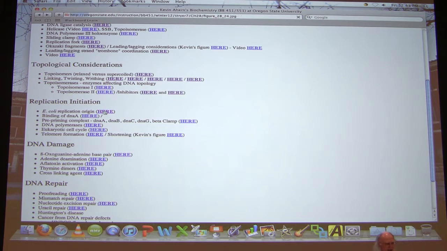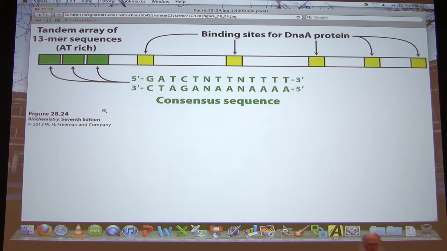E. coli has one of these. We hope it does. There we go. Now, the process starts with the binding of a protein called DnaA. DnaA is a protein that recognizes and binds to some specific sequences in the E. coli genome.